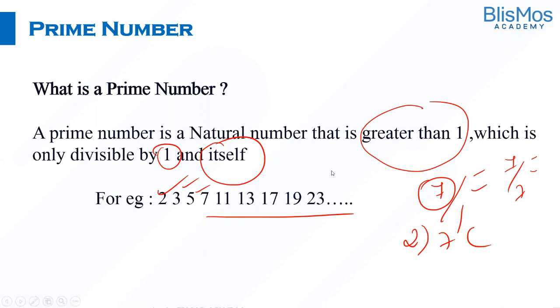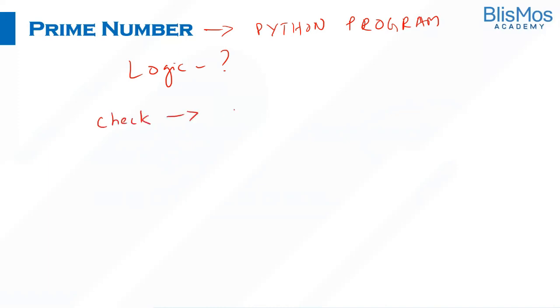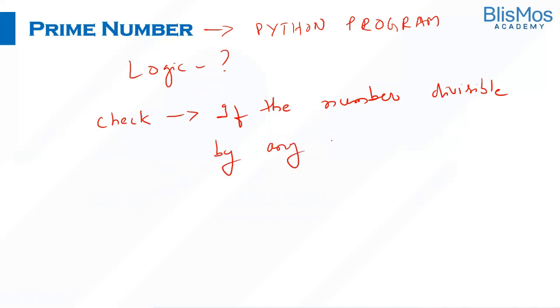Then how do we approach writing a Python program for this? Let us understand that. To write a Python program, what is the logic? First thing is, we have to check if the number is divisible by any other numbers apart from 1 and itself. In this case, I'm taking 7 as an example.